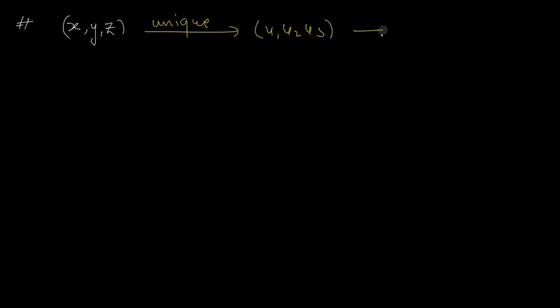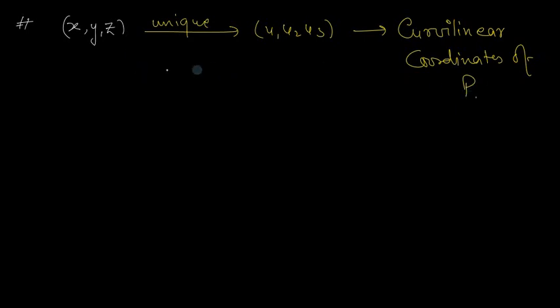These are called curvilinear coordinates of some point P, that is x, y, z. If for every point in the space, x, y, z, there corresponds a unique set u1, u2, u3, that is called the curvilinear coordinates of P.